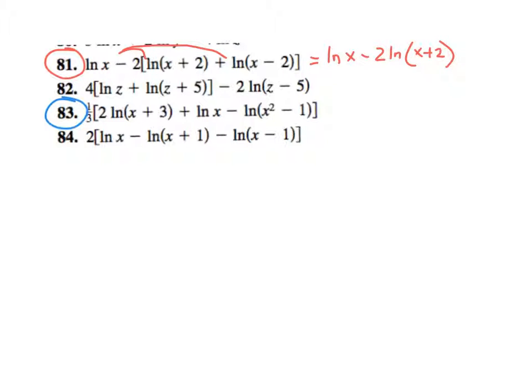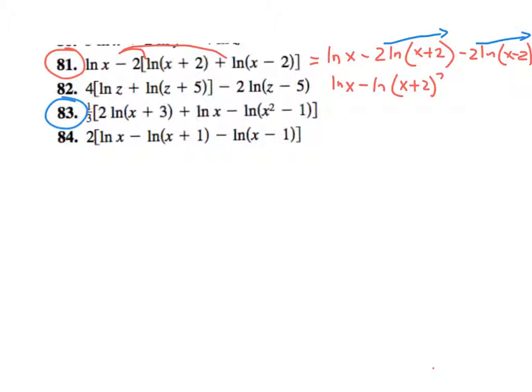Do not distribute through, it's just 2 times the natural log, and then -2 ln of x minus 2, like so. Then we're going to carry the exponent up, and I'm just going to carry the 2 and leave the negatives. And if I do that, I will have ln of x minus ln of x plus 2, the quantity squared.